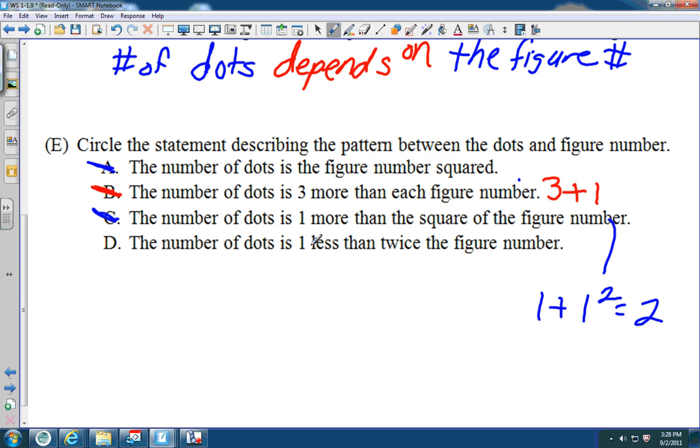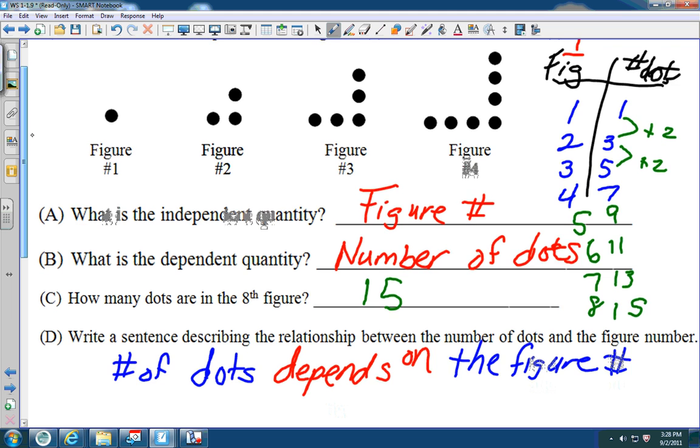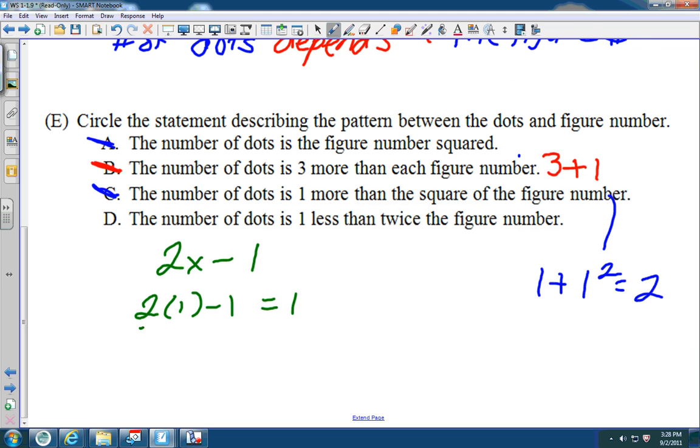The next one says it is 1 less than twice the figure number. 2x minus 1. So let's see, 2 times the first figure number minus 1 is 1. 1, 1 sure is. 2 times 2 is 4, minus 1 is 3.